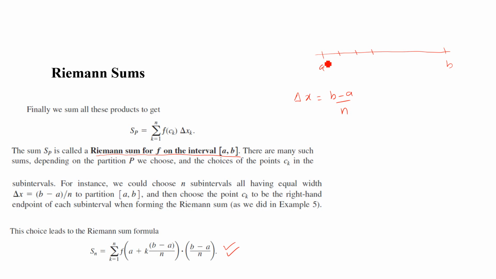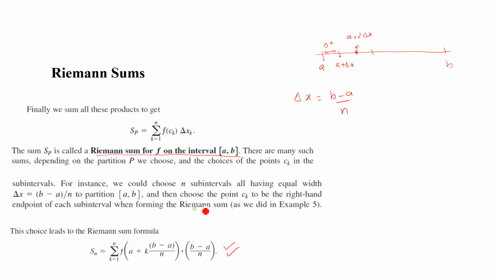The initial point is a. So what will be this point? Since this width is delta x, this will be a plus delta x. What is this point? This is a plus 2 delta x. So the first point is a, then a plus delta x, then a plus 2 delta x, and so on. The kth point will be a plus k delta x.